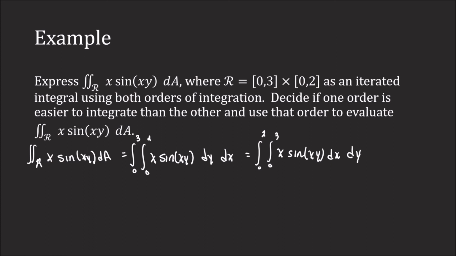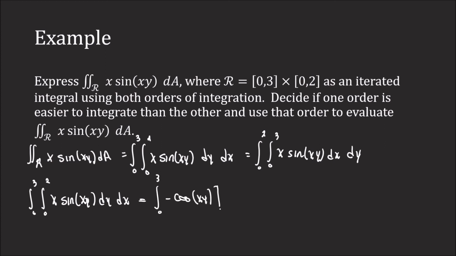That's the easier method. 0 to 3, 0 to 2, x sine of xy, dy dx. So our u would be x times y. Our du is then x dy. Oh, look. So we're going to be left with the integral from 0 to 3 of negative cosine xy, evaluated y equals 0 to 2.